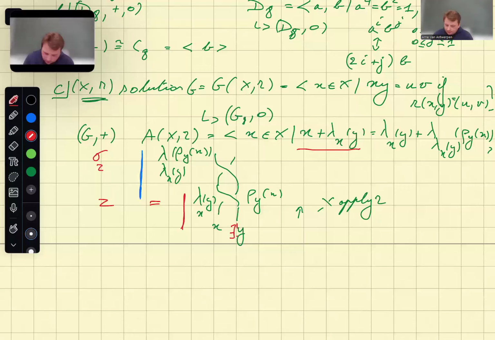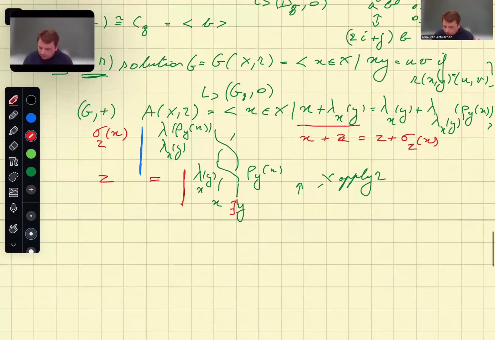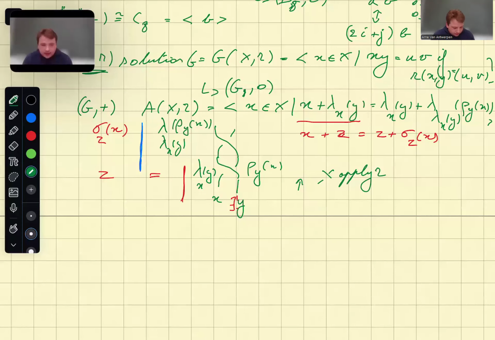And we rewrite this as x plus z is z plus sigma z of x. So we just get a formula for the conjugation inside this group, depending on what happens in the square of your solution.